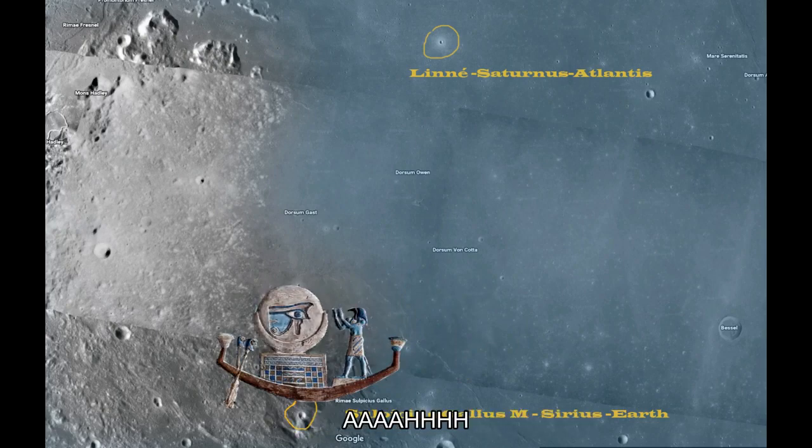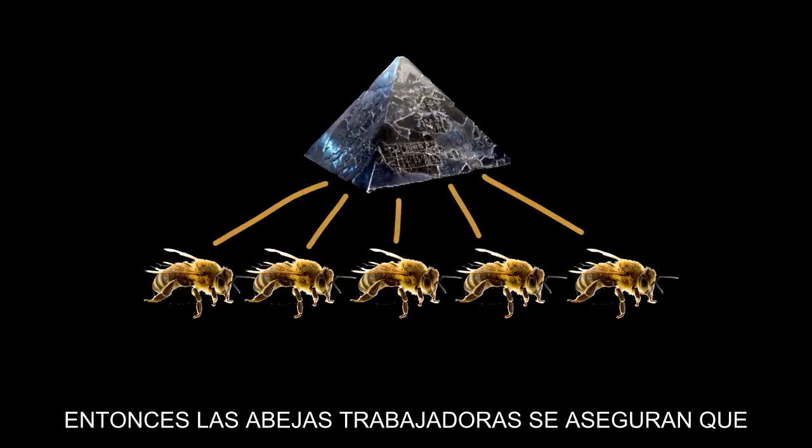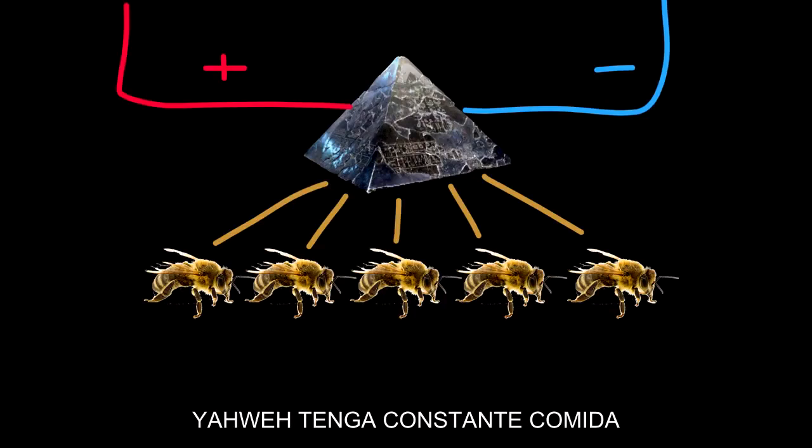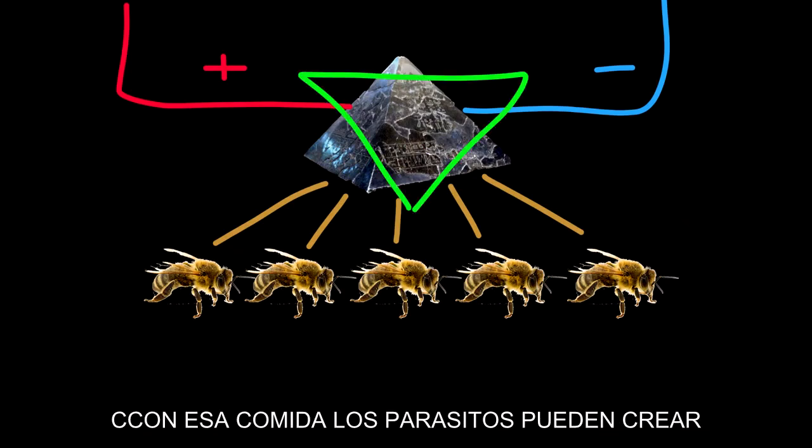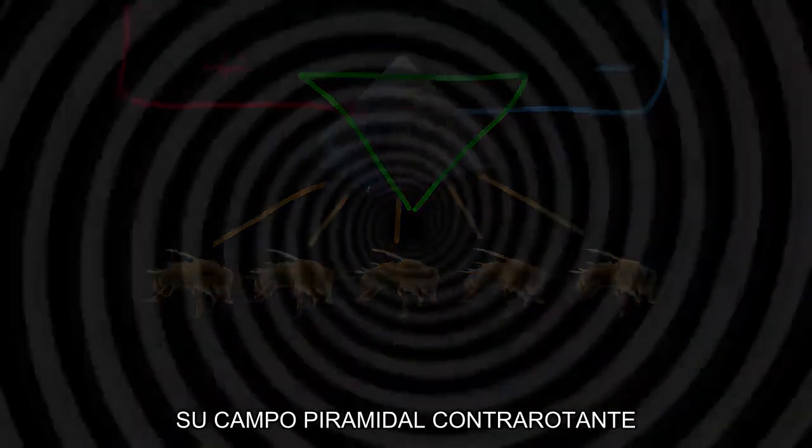So the worker bees make sure that Yahweh has constant food. With that food, the parasite can create its counter-rotating pyramidal field, bringing the world in a constant hypnosis.